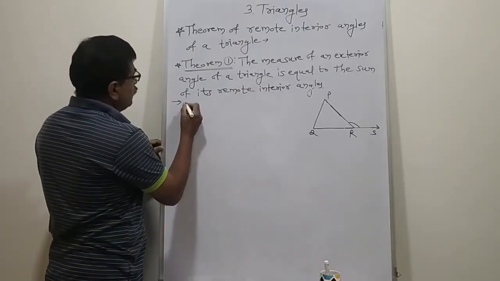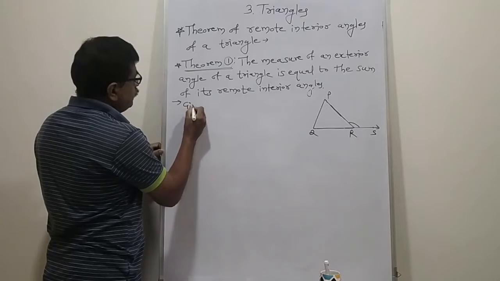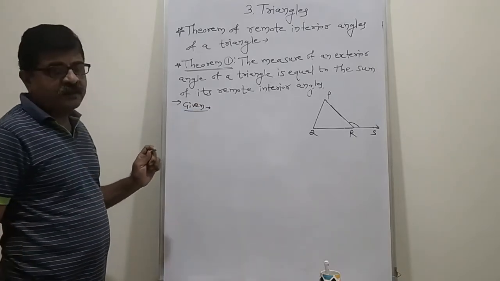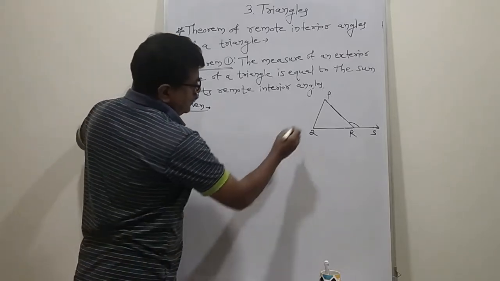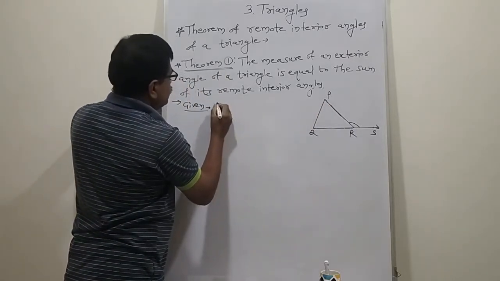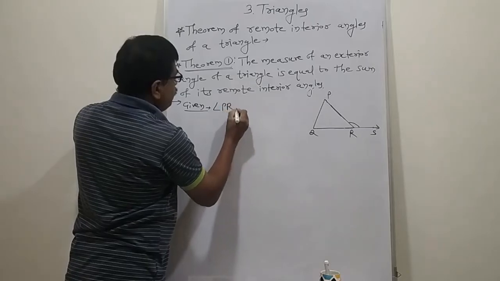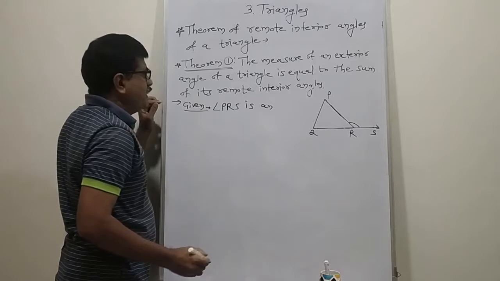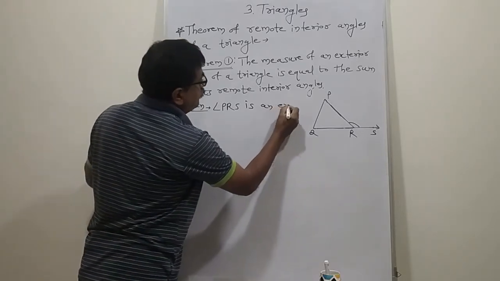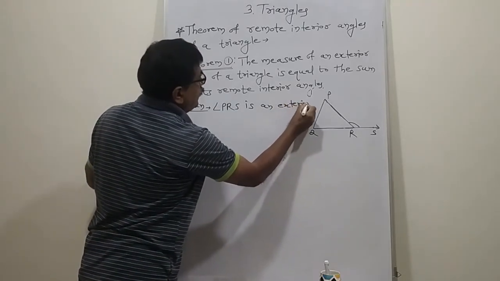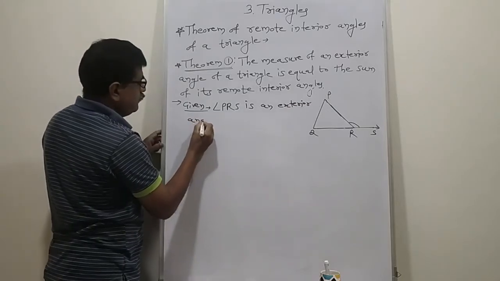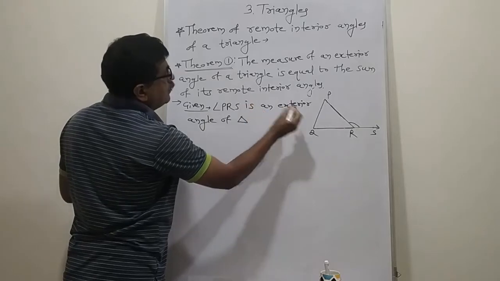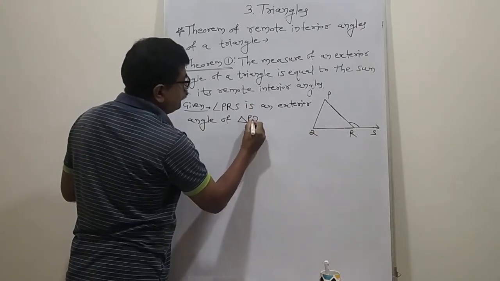Write down, given: angle PRS is an exterior angle of triangle PQR.